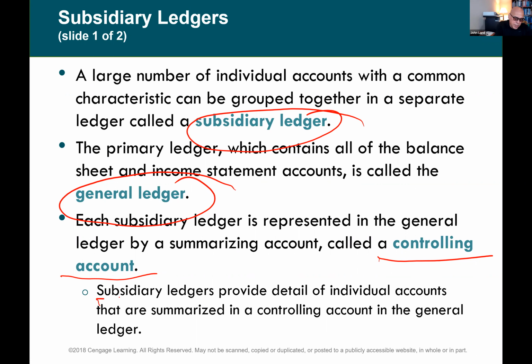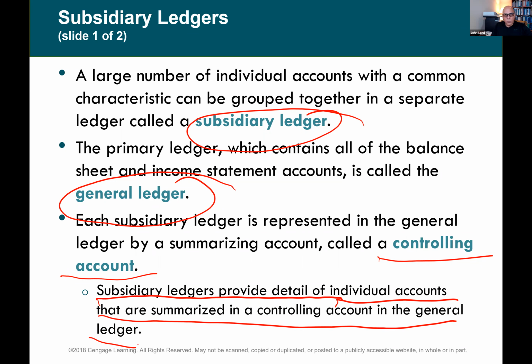Okay, so the subsidiary accounts will provide details from the standpoint of individual accounts, and those are summarized in the control account at the general ledger level. Where this becomes interesting from the standpoint of an auditor like myself, if I wanted to test a client's recording of the accounts receivable, I would need that subsidiary ledger, because I would likely send out a confirmation to my client's various customers to see that they agree that they owe a certain account balance.